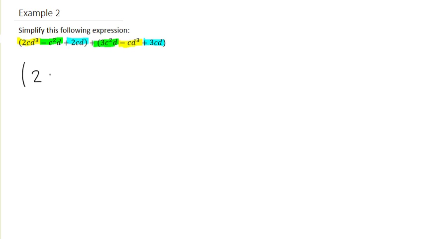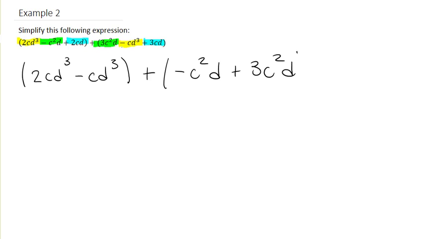So we have 2c d to the third minus c d to the third, as we have minus there. So we'll keep as c d to the third. Next, let's then combine minus c squared d plus 3c squared d. And then lastly, we will add 2cd plus 3cd.